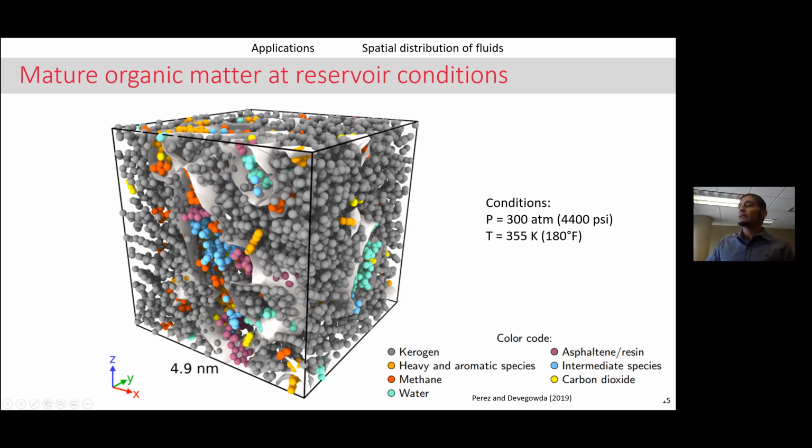Then you're looking at some of the orange stuff over here, these orange balls, these are associated with methane. And you're also looking at some of the heavy and aromatic species in the slightly lighter, darker yellow over here. There are some water molecules too, and things like that. And so that's the final structure.